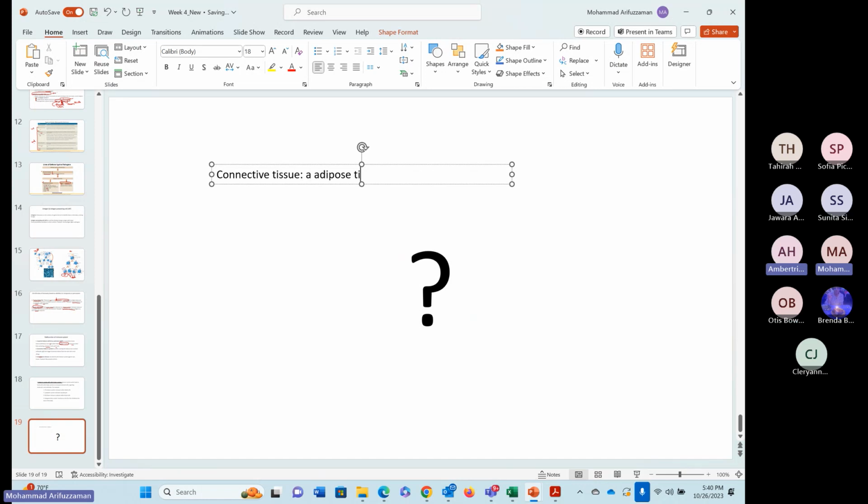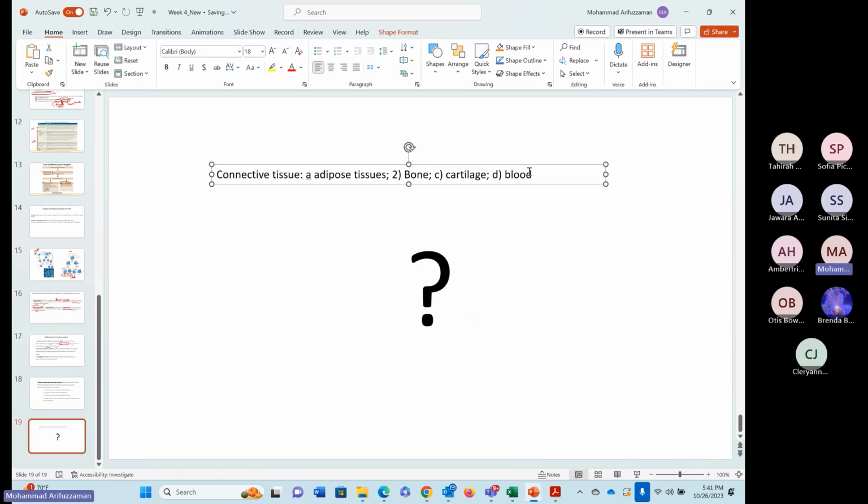The bone is also a special type of connective tissue. Cartilage is a connective tissue, and also the blood. So these are the connective tissues.